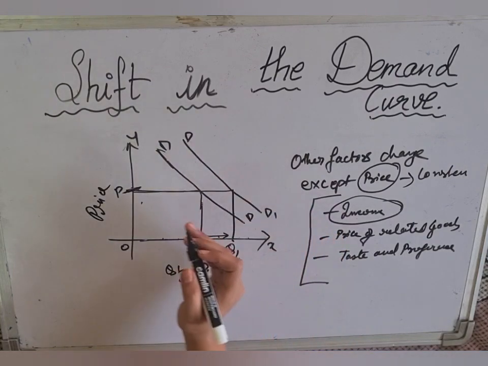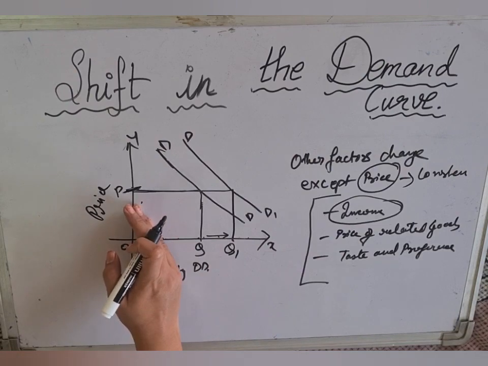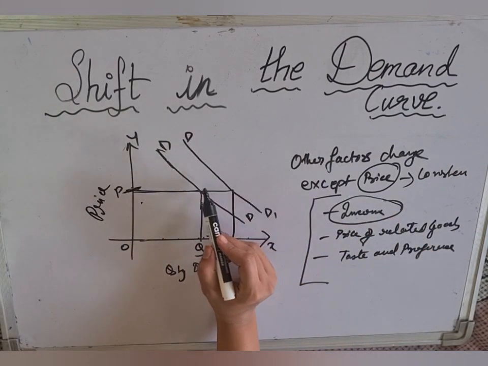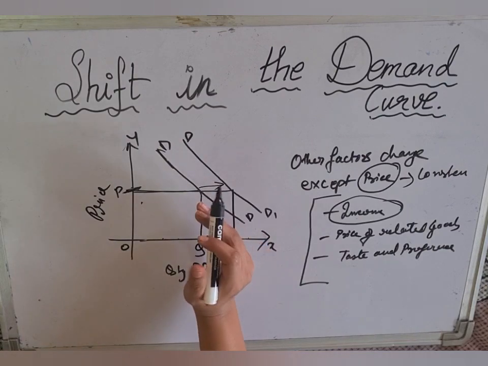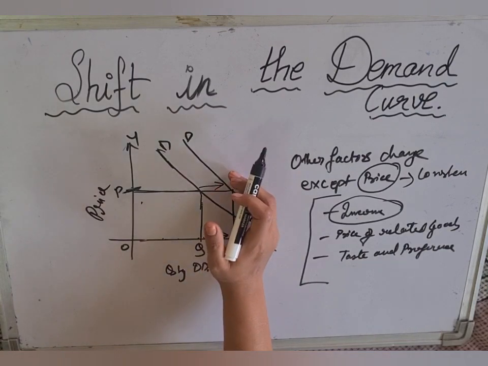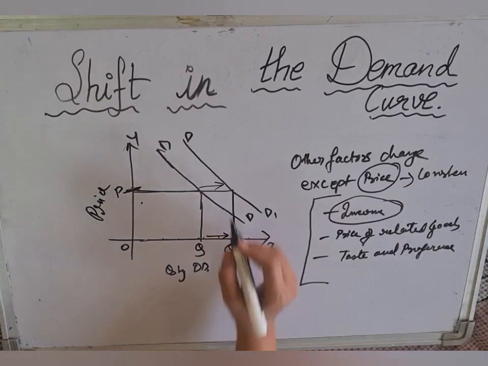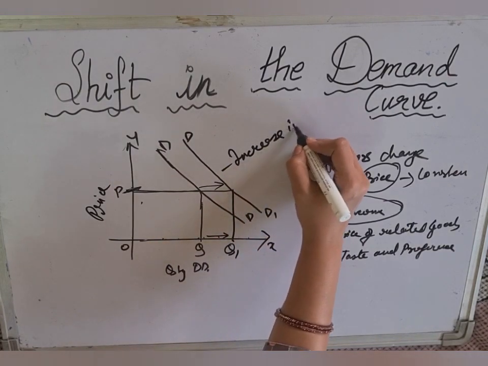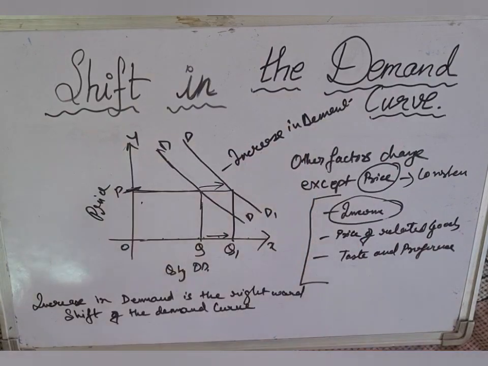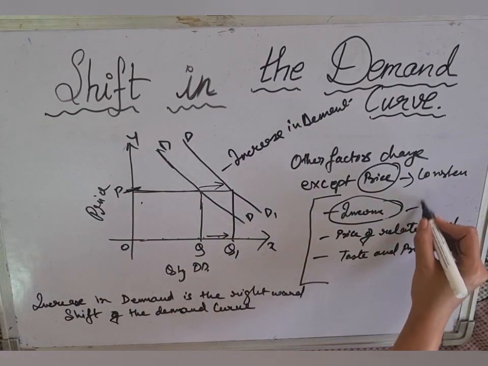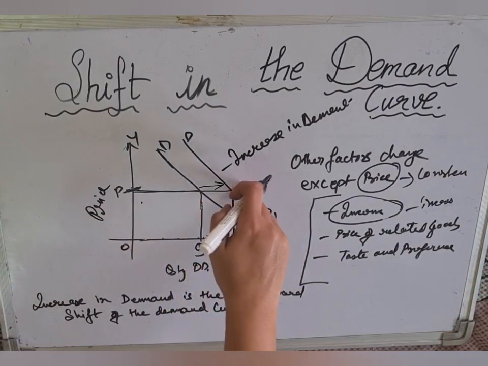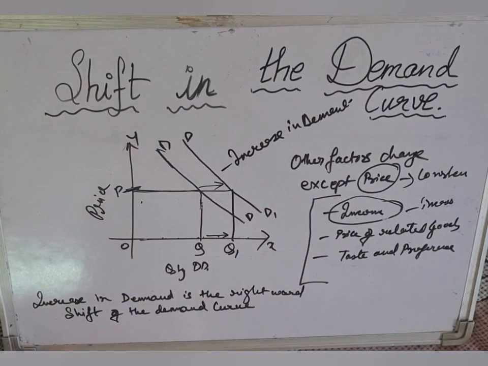If the price is constant and income changes, there is a shift in the demand curve. The demand curve shifts from left to right. This is increase in demand. If your income increases, the demand curve will shift to the right and it will lead to increase in demand.